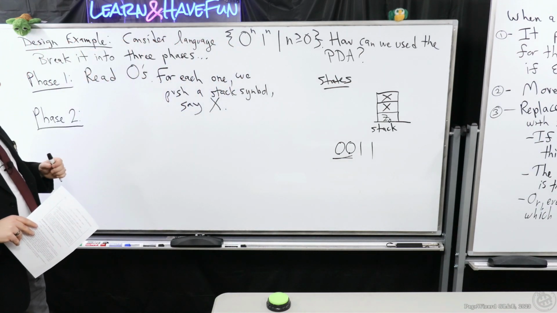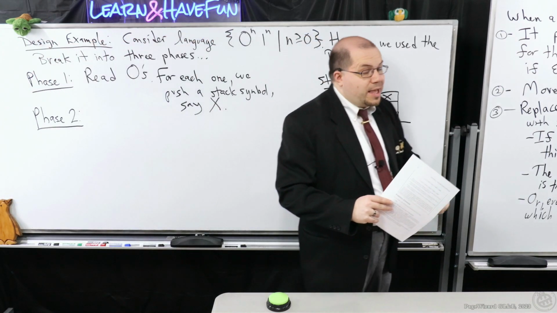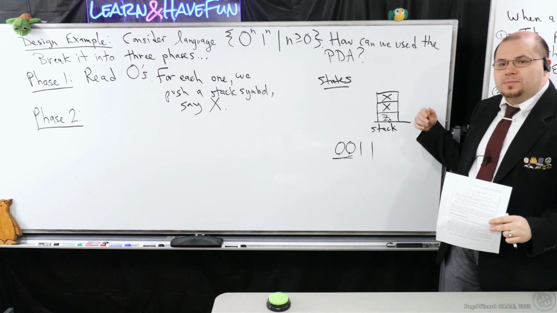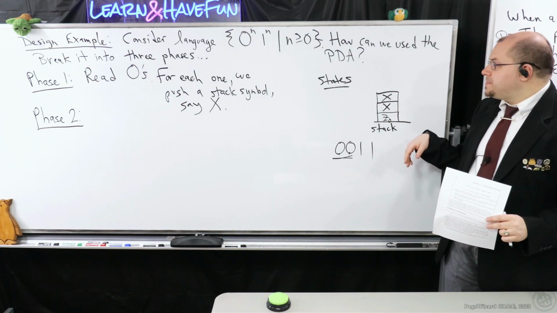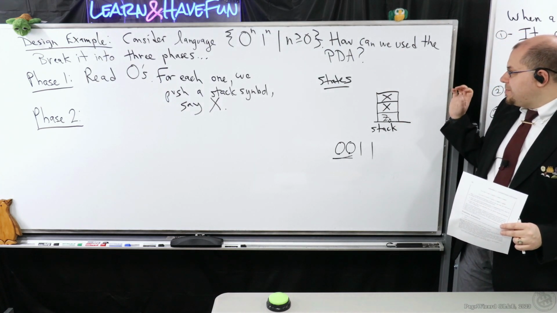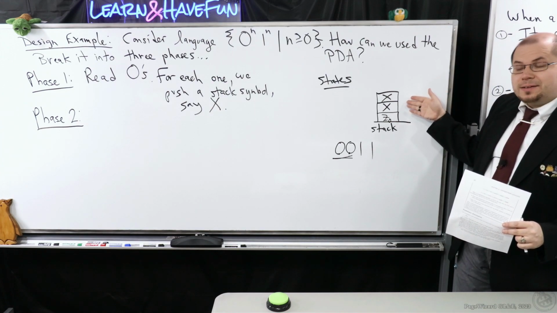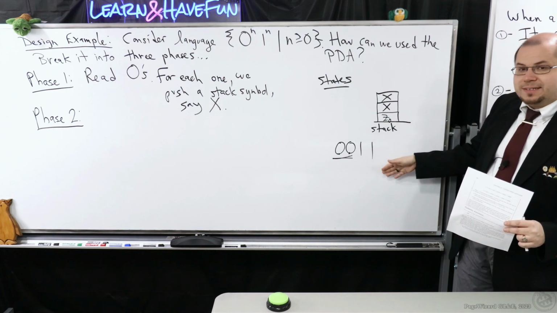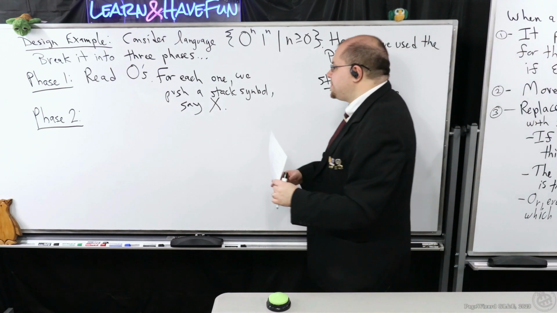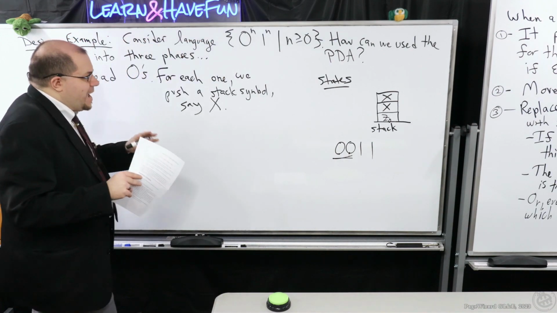So what can I say about the stack if the string belongs to the language? What should the stack look like when I'm done? Should there be any X's left on the stack when I'm done processing this input? Well, naturally, no, there shouldn't be any X's left.